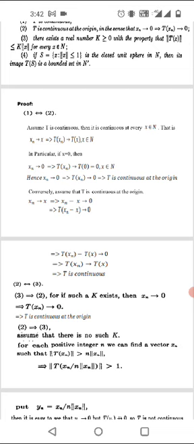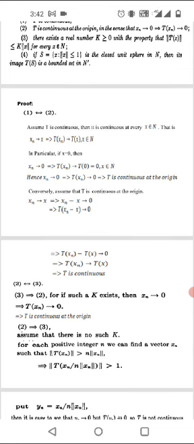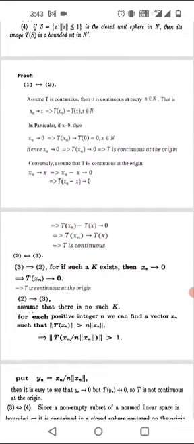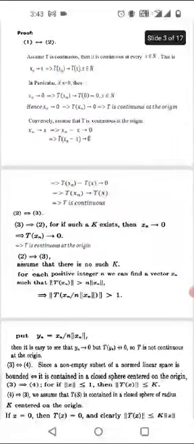Let us consider the transformation: T of xn minus x converges to 0, and T of xn minus T of x converges to 0. Therefore T of xn converges to T of x, which implies T is continuous. Next part, 2 implies 3. Here 2 implies 3 is the necessary part, and 3 implies 2 is the sufficient part.